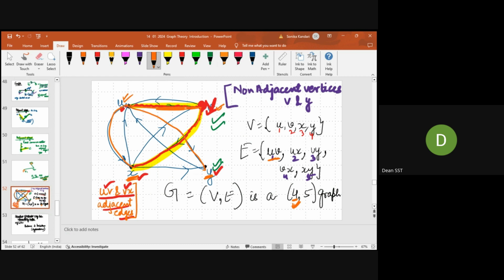Whatever the number of edges, you can write it here. This is the way we can count. Simply move in the direction where you want to move, because this is a directed graph.